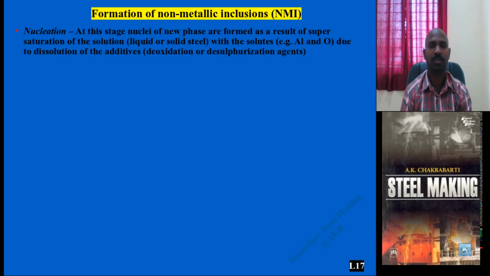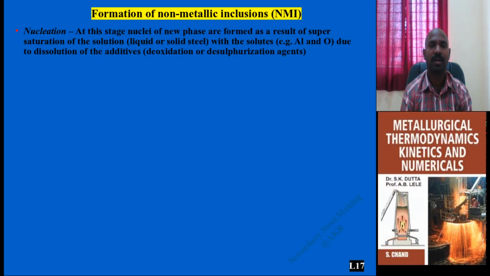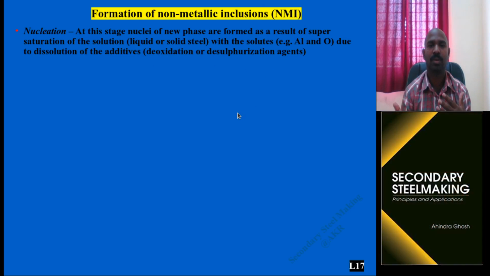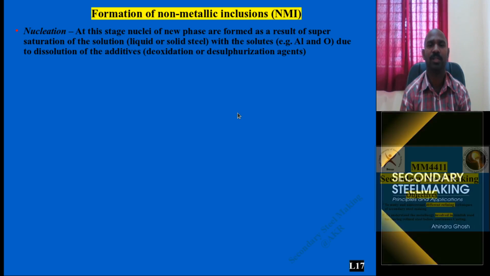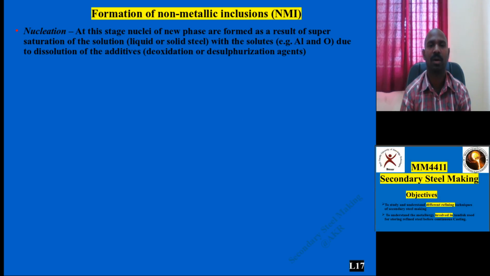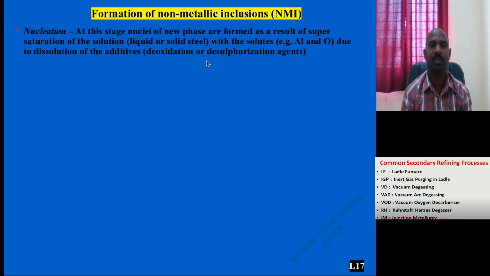First, nucleation of these non-metallic inclusions mainly occurs during deoxidation and desulfuration. Primary deoxidation generally happens in primary steel making. Secondary deoxidation steps are concerned with the secondary refining process. Desulfuration usually takes place in the secondary refining stages.